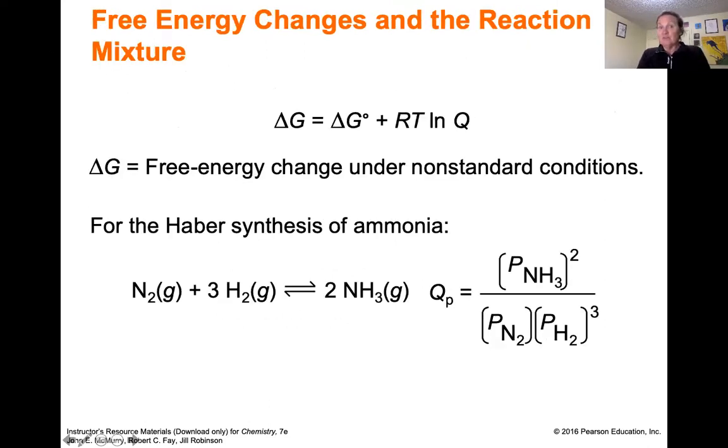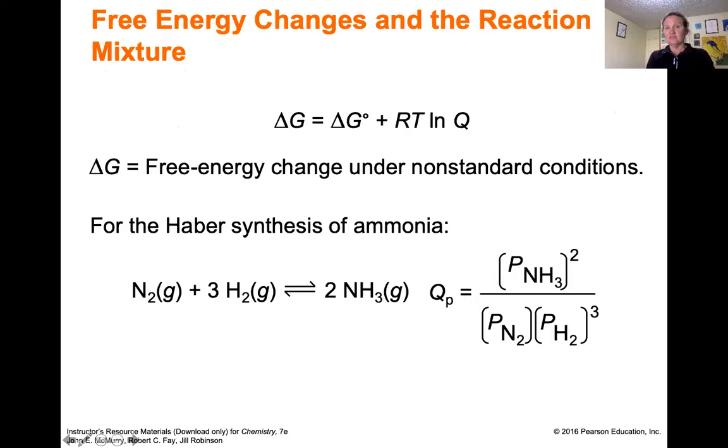We don't usually run our reactions under standard conditions, so everything at 1 atm. So we need an equation that will allow us to determine a delta G at any pressure or concentration. This is the equation you'll use.